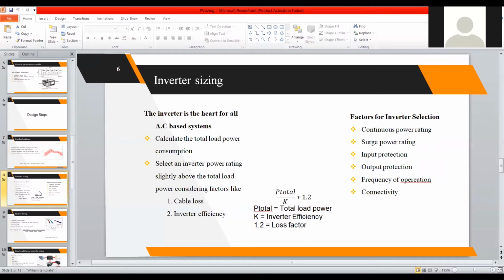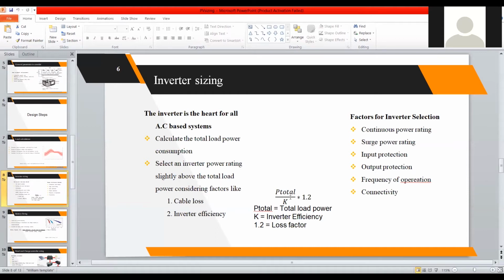You already know the load in terms of watts, or the power itself. For that power, you have to give some allowance, because you don't want to burn up the inverter. In short, a safety factor. In this case, I'm using a safety factor of 20%, which is why I'm multiplying by 1.2. Then K is the inverter efficiency, because the inverter may not be 100% efficient, which is almost impossible.